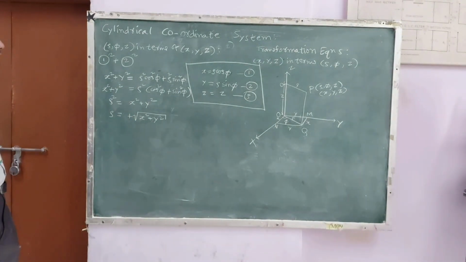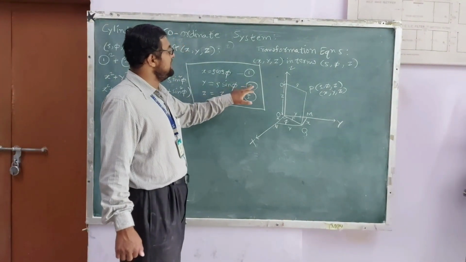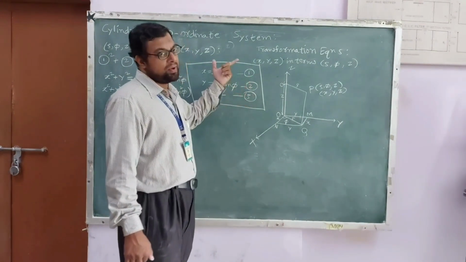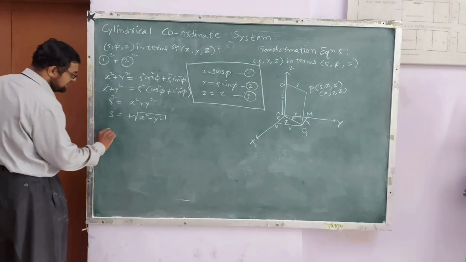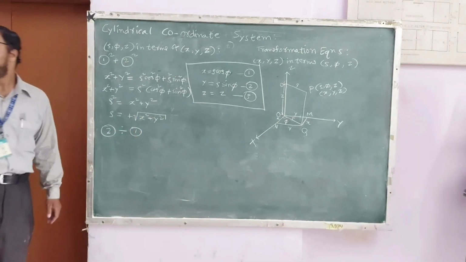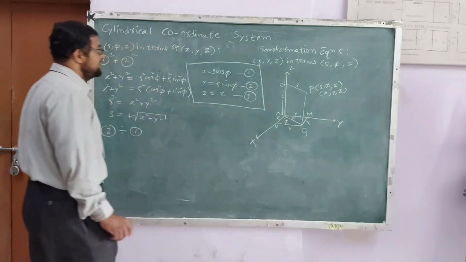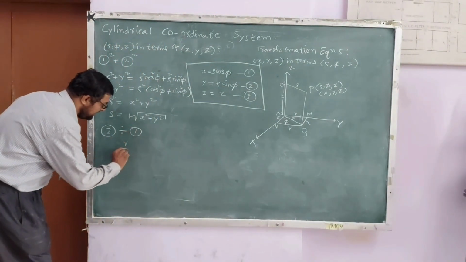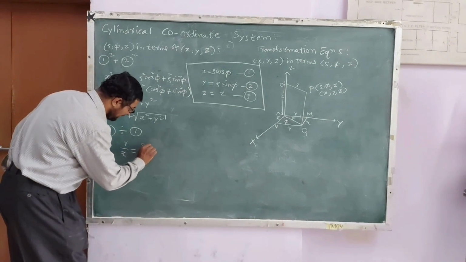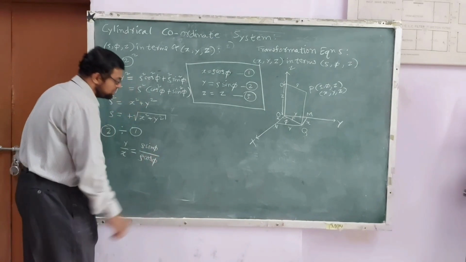Now to find the second, that is phi, we will divide equation 2 by equation number 1. After dividing, we get y divided by x is equal to rho sin phi divided by rho into cosine of phi.